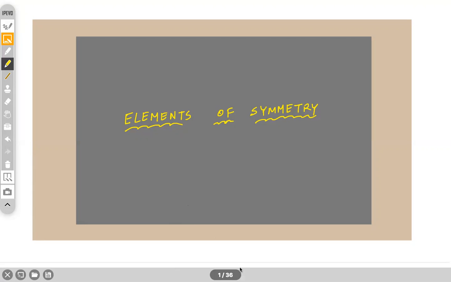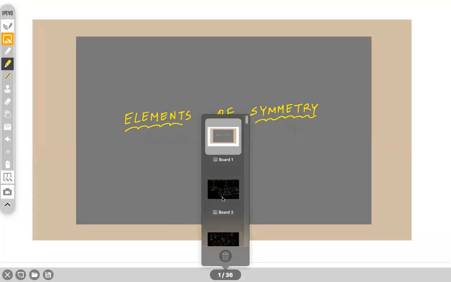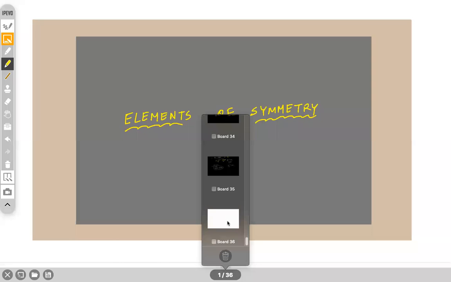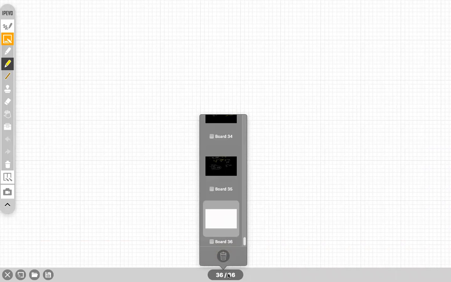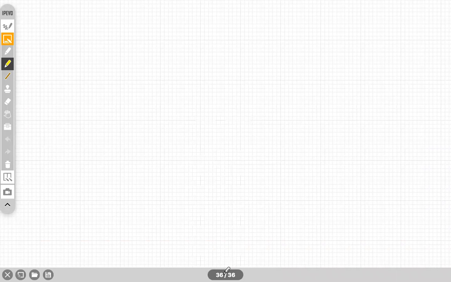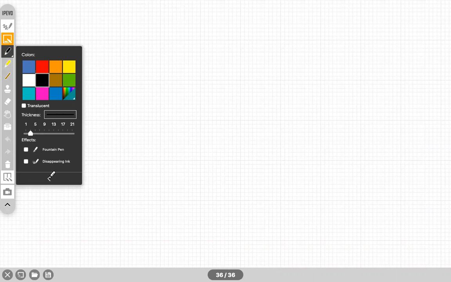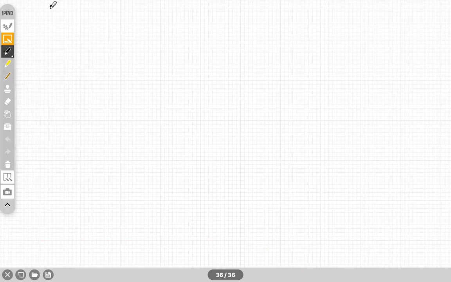Symmetry is anything by which a given molecule can be classified into two identical components of it. So what is symmetry?